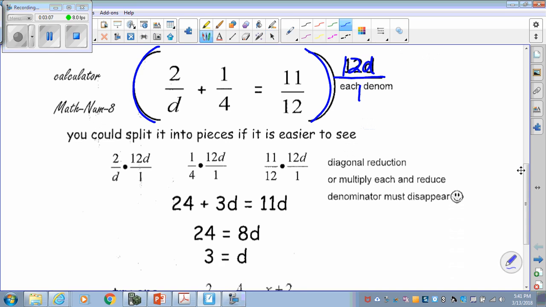So I have 2 over d times 12d, and then plus the 1/4. I'm multiplying all of it. It's kind of like I'm distributing this to everybody. So the 12d times the first one, and 12d times the second one, and 12d times this side as well. And I get the equals.